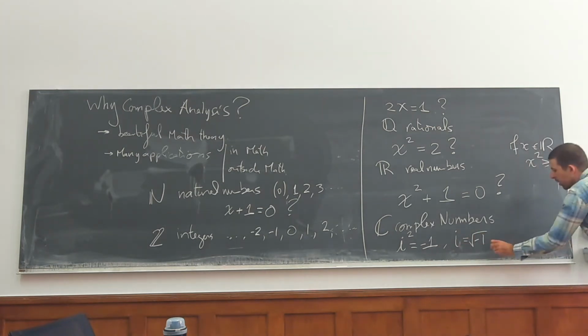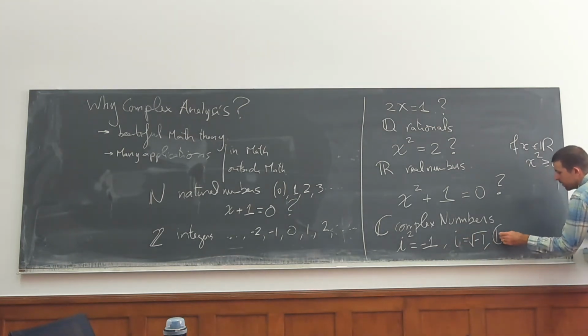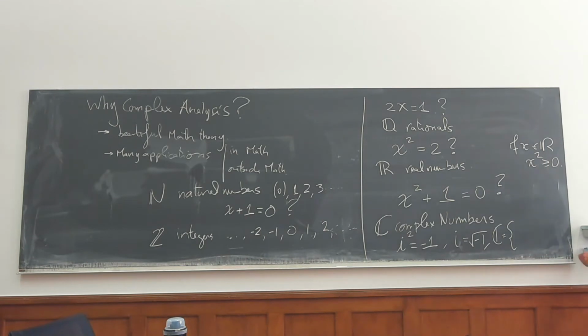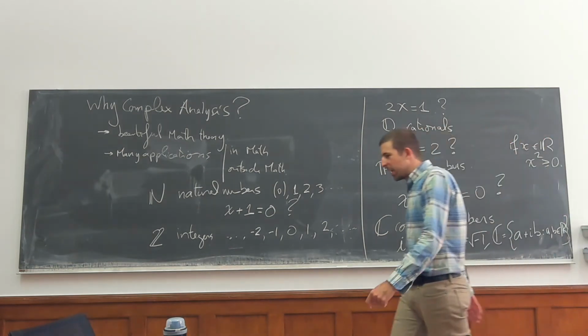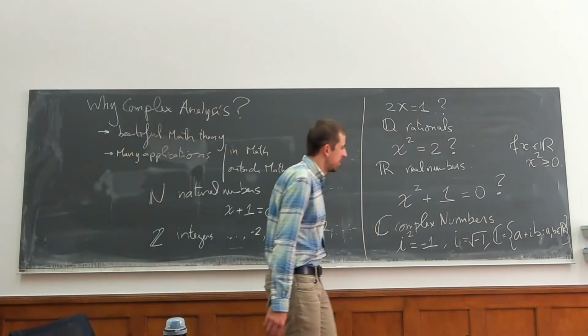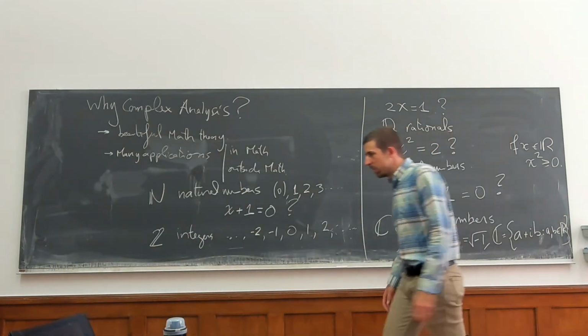And now the complex numbers are just the numbers that are reals plus a multiple of i. So they're all numbers a plus ib, where a and b are reals. And because this looks a lot like R2, we tend to call this the complex plane. Okay, so let me clean the board.